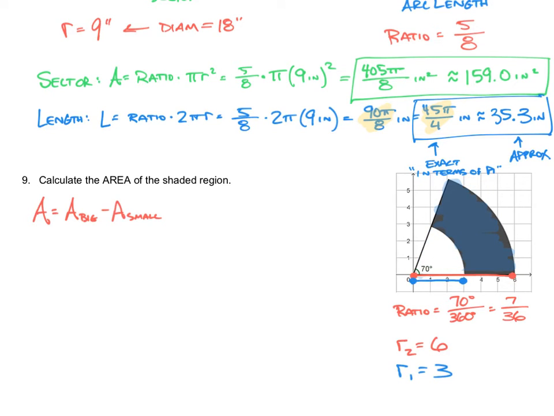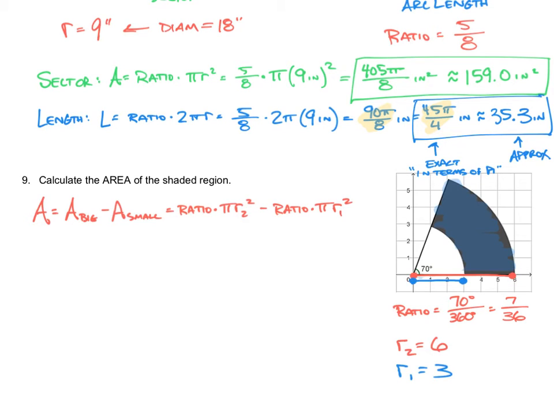And as far as formulas go, this is going to be equal to ratio times pi times R2 squared. Why R2? Because that's the radius of the larger circle. And I'm going to subtract from that ratio times pi times R1 squared.